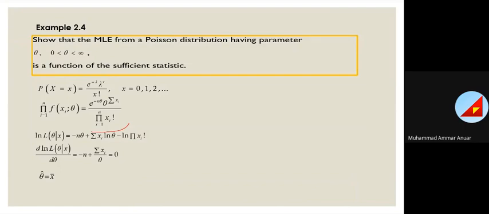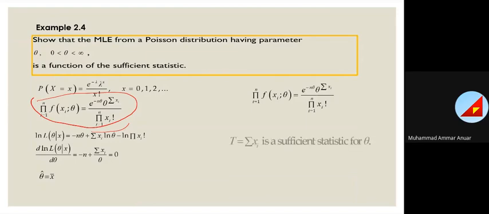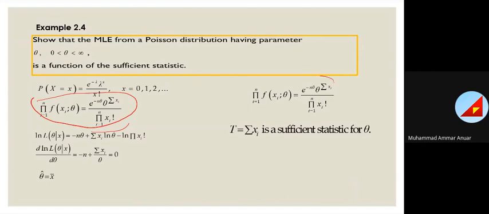Now, second step, we find the sufficient statistic. It is the same thing: you already have your joint PDF, so split it into two parts. We have e to the power negative n theta, theta to the power summation xi, and the other one is 1 over product xi factorial.